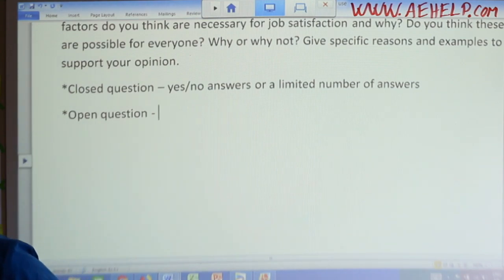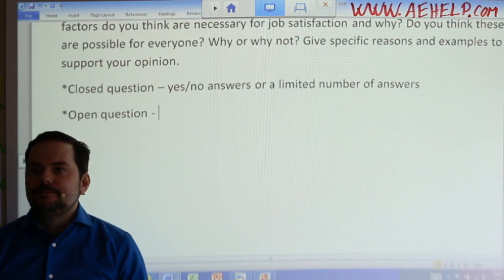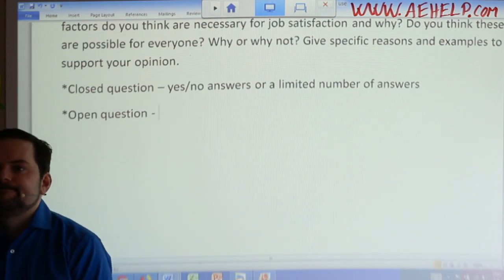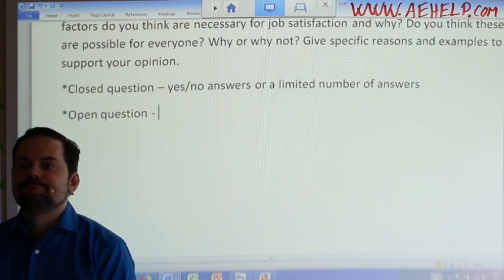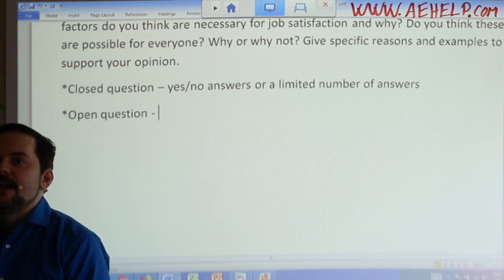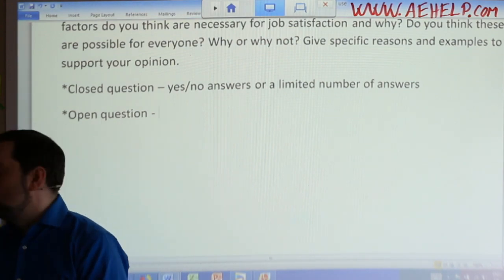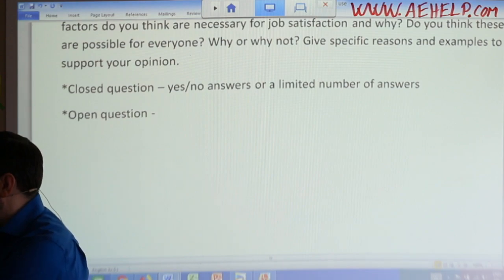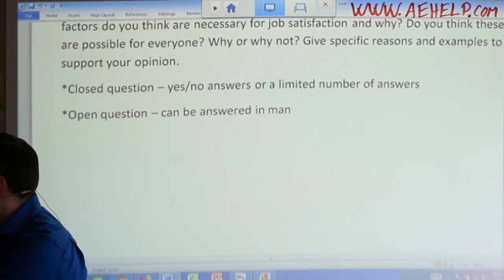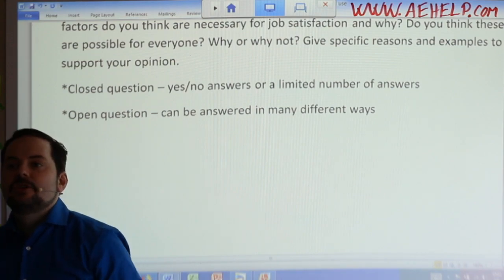What does it mean to have an open question? Yeah, it's a multiple opinion or choices. So it can be answered in many different ways. Okay, IELTS Task 2.